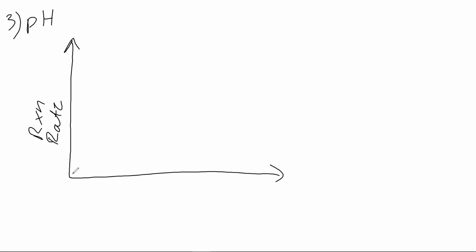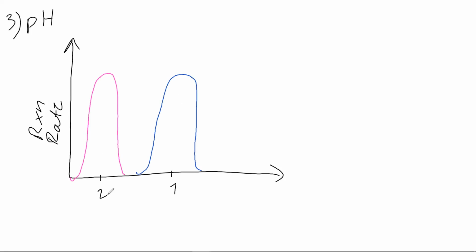We'll do one in magenta, with a curve looking like this, and then one in blue, with this curve looking like this. I'll say this one's at 7, this one's at 2. So if we're looking at pH, what's the difference between the magenta enzyme and the blue enzyme?